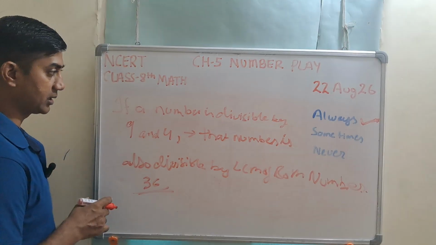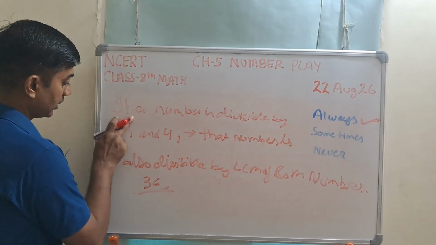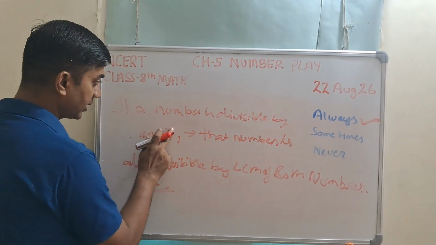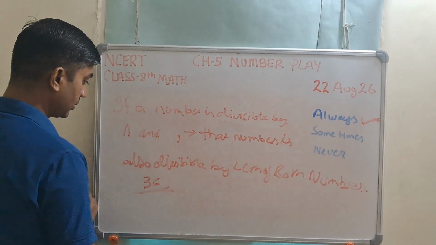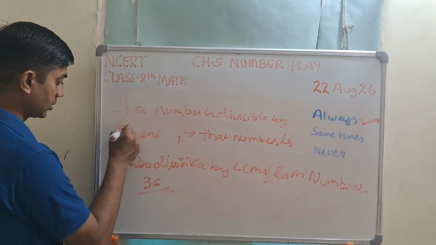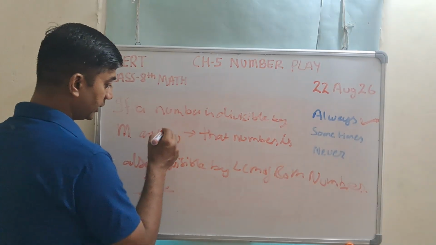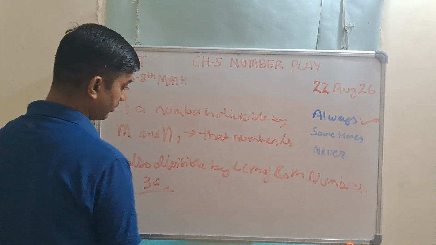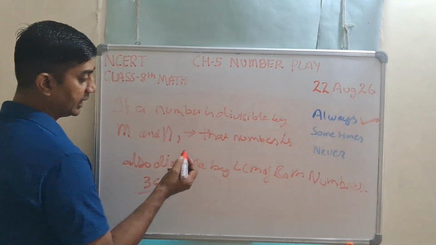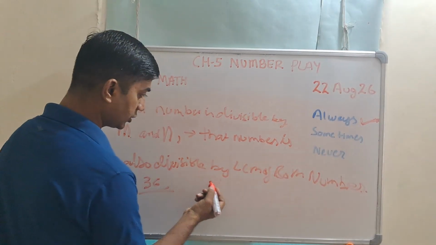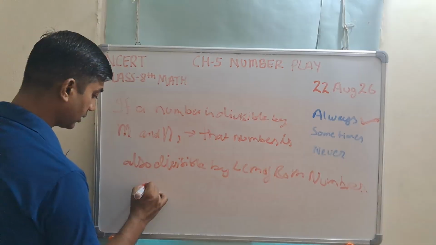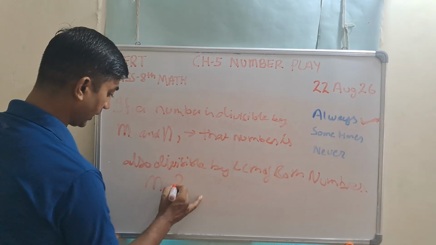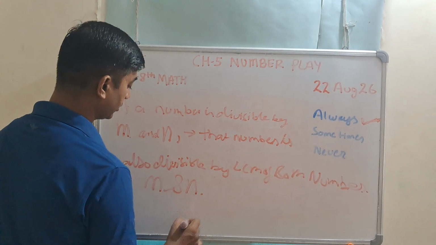And in general, if we convert this sentence, if a number is divisible by m and the number is also divisible by n, then that number is also divisible by the LCM of m and n, understood.